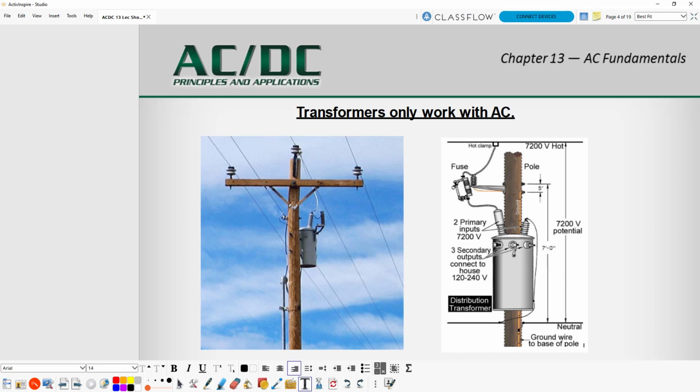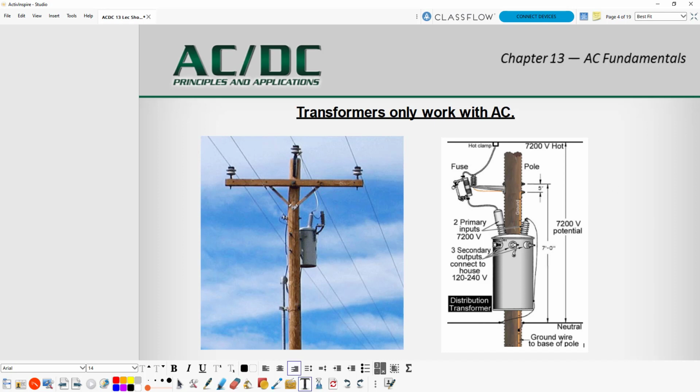So, for example, the typical voltage that is distributed out through the residential network, the voltage that's coming down your street at the top of the utility pole, is about 7,600 volts.